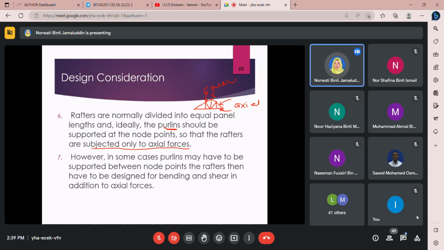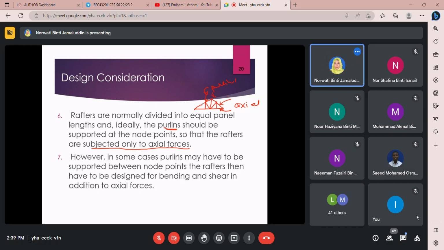So your truss member will have axial plus bending. The ideal is to have the purlin on the knots so that the load is on the knot point and the truss member is subjected to only axial force.